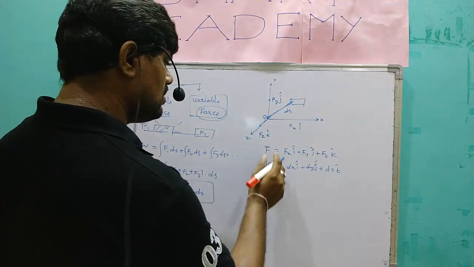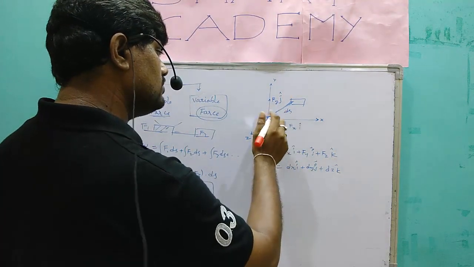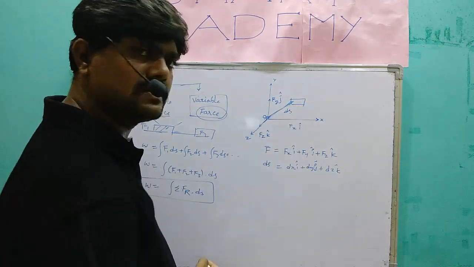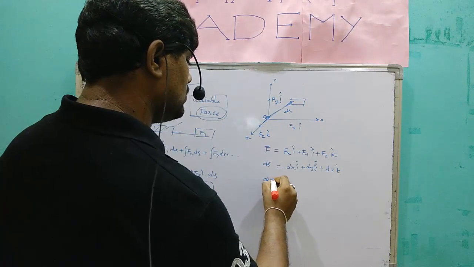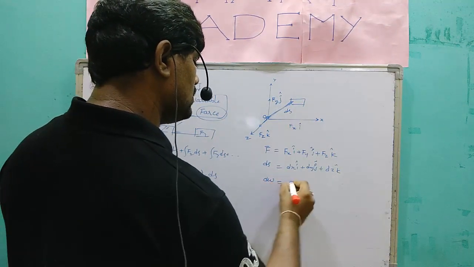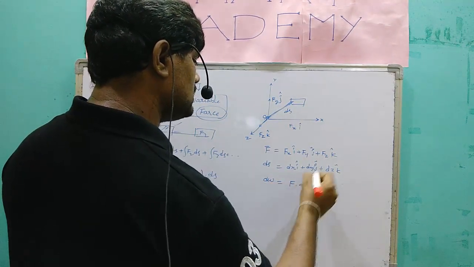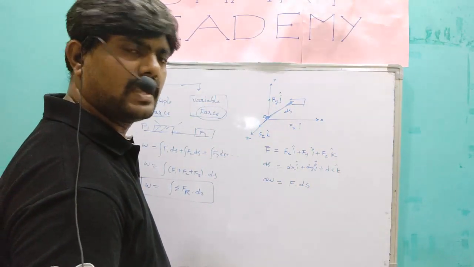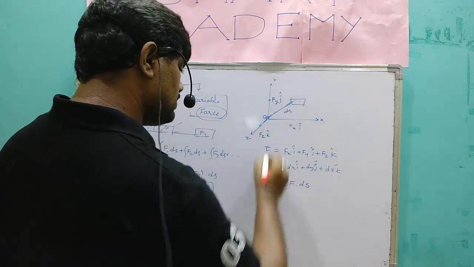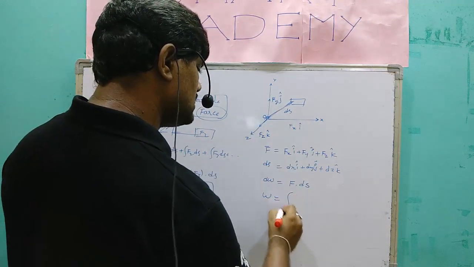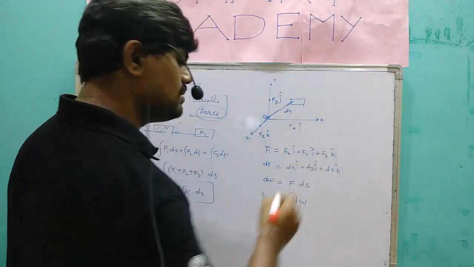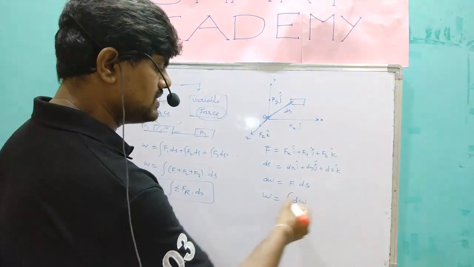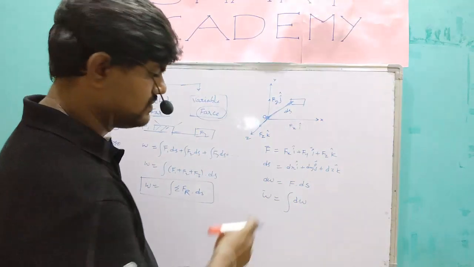So this small work done to displace from the origin to here or any direction in space, small work done dw, can be written as dw equal to F dot ds. So the total work done in this space can be written as the integration of dw, which gives the total work done here.